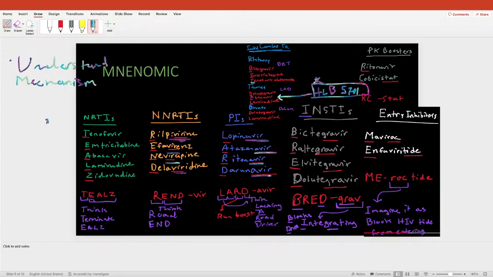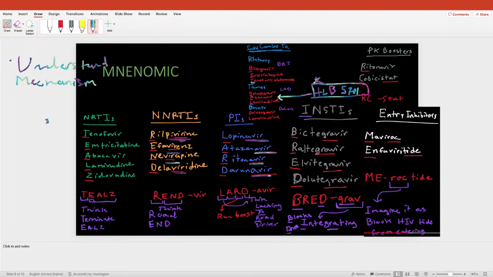I hope that all of this was helpful. Take note of some of these shortcuts as you look at the names of many of these HIV medications.